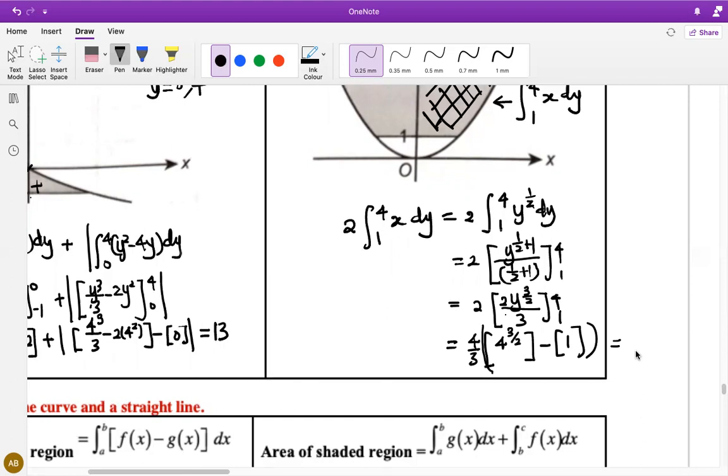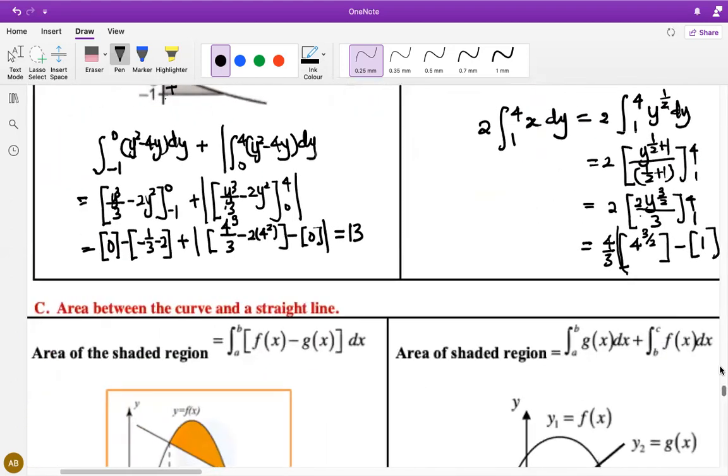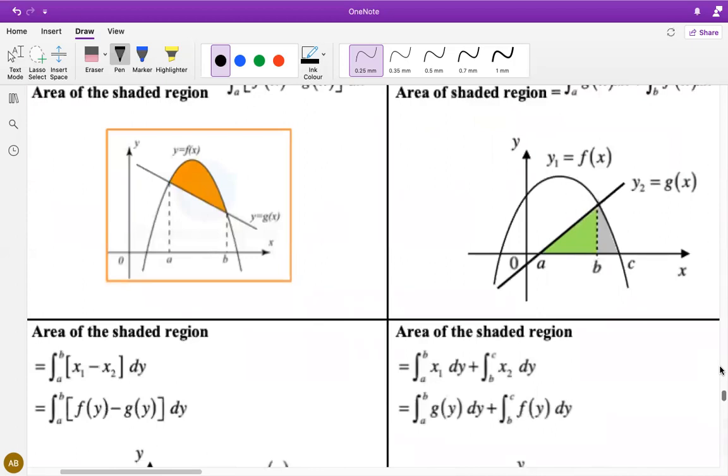Okay, 8 minus 1 is 7. Therefore 4 over 3 times 7, so you get 28 over 3. So this is the answer. So this is area, very simple, area between the curve and the y-axis.